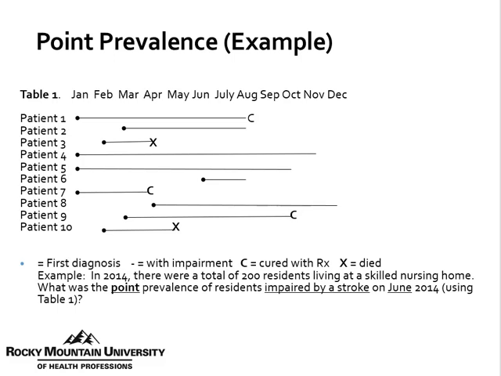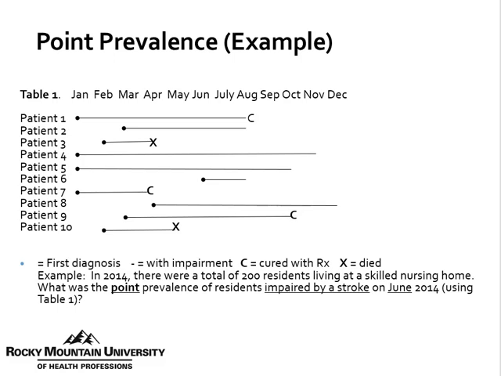What we have here is 10 patients within a sample of 200 residents or 200 patients in a skilled nursing home. And what we're trying to figure out here is what is the point prevalence of residents impaired by a stroke in June of that year.